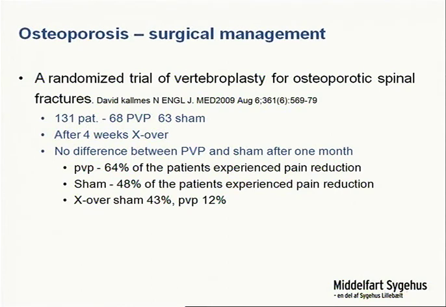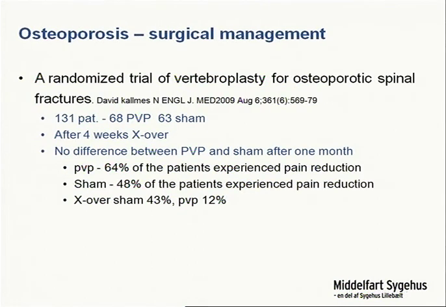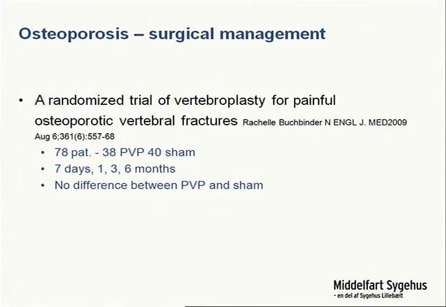But an interesting thing is that 64% of the patients in the PVP group experienced a good pain reduction, whereas in the sham group only 48% experienced pain reduction, and for the crossover, 43% of the patients in the sham group wanted to cross over. Another study is Rachel Buchbinder's from Australia.